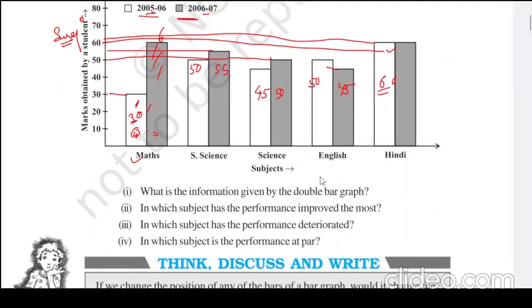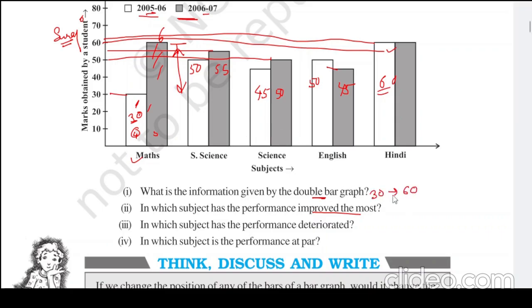Now, what more information, or what conclusions can we draw from his marks? What is the information given by the double bar chart? The bar chart is giving the performance of a student in 2 years. In which subject did the performance improve the most? His performance improved in mathematics. He has jumped from 30 to 60 marks.